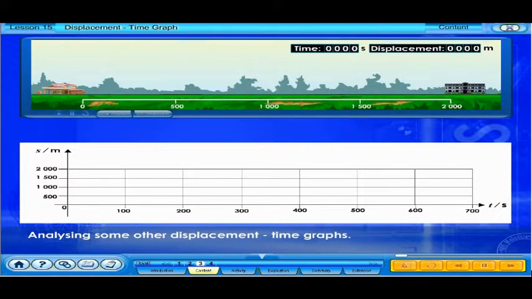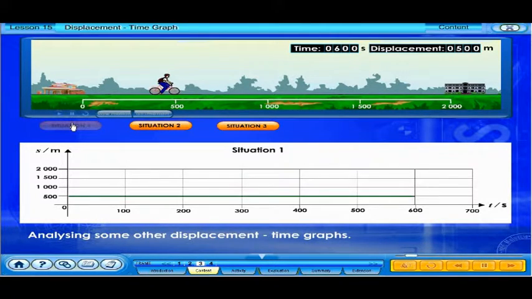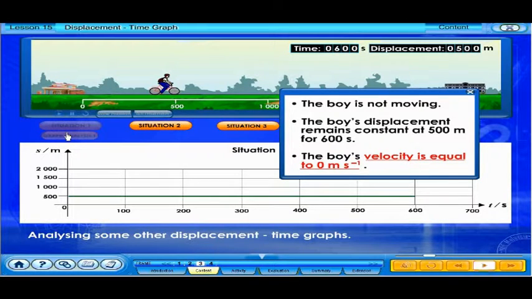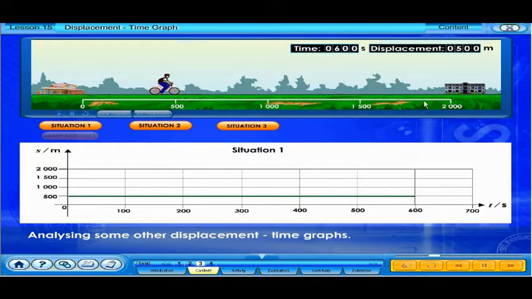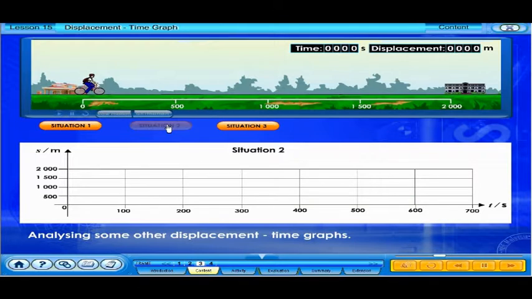Click on the Situation 1 button. Describe the boy's motion. Click the Graph Analysis 1 button. Click on the Situation button.